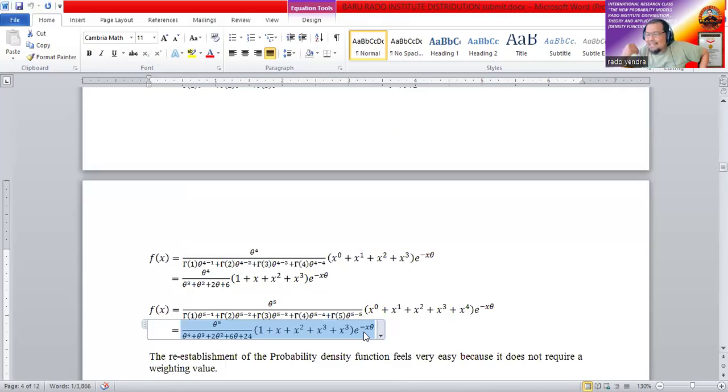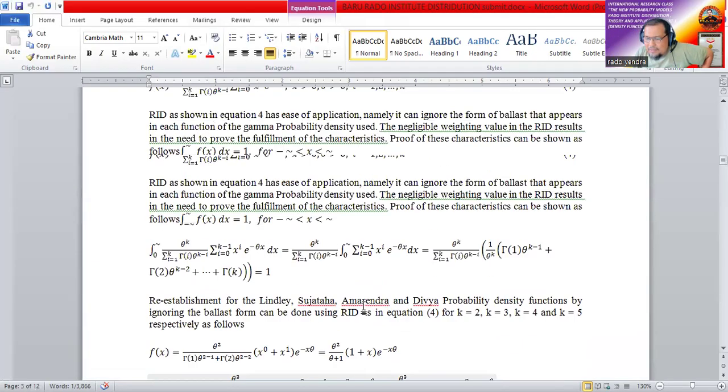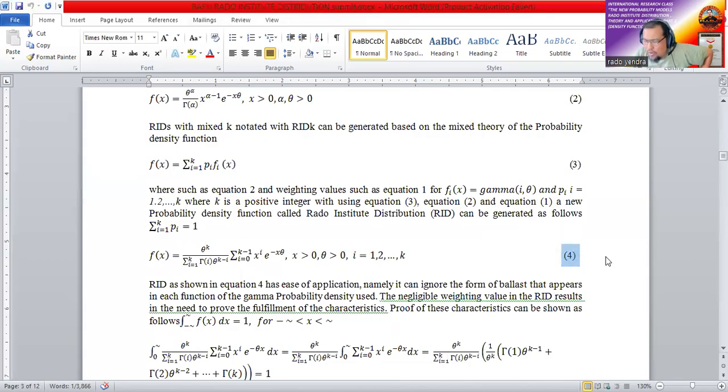So, in the Rama Indra distribution, we don't care about the weights or the proportion. We don't need that. In the Rama Indra distribution, we directly use the density function like in the equation 4. We do not need to think about what the weight or the proportion is.